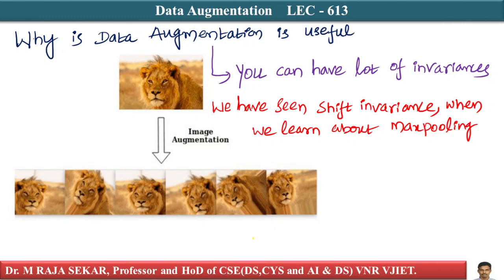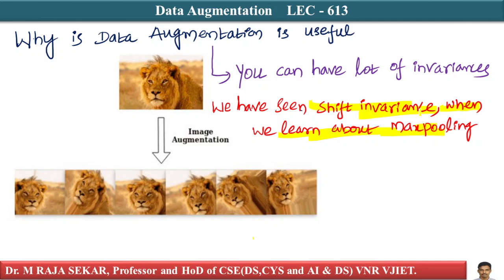We have seen shift invariance when we learned about max pooling. When we learned about max pooling, we said it creates a shift invariance. I request all of you to go through max pooling.